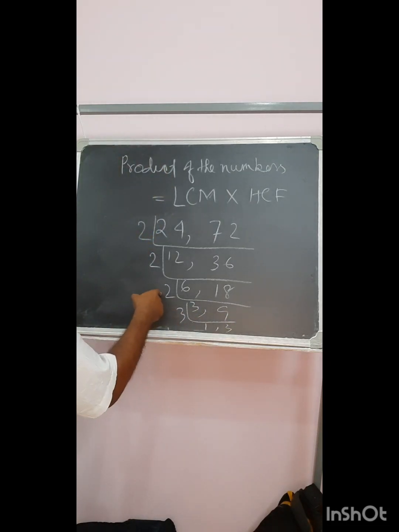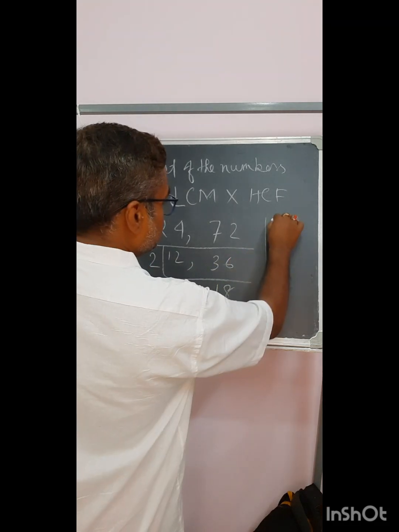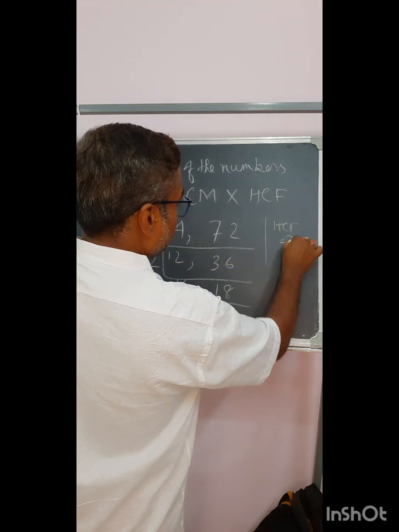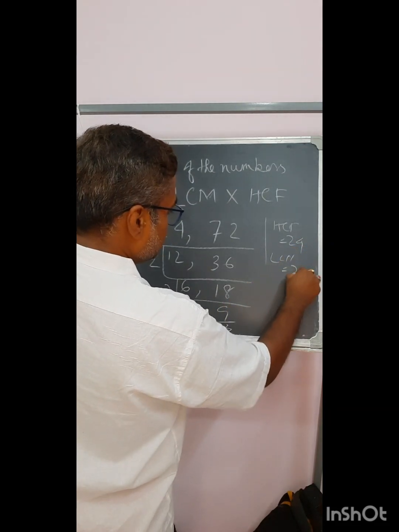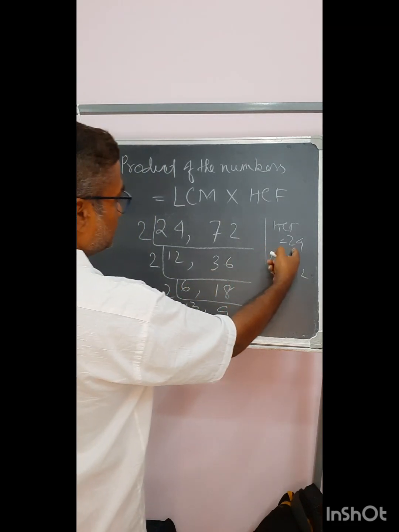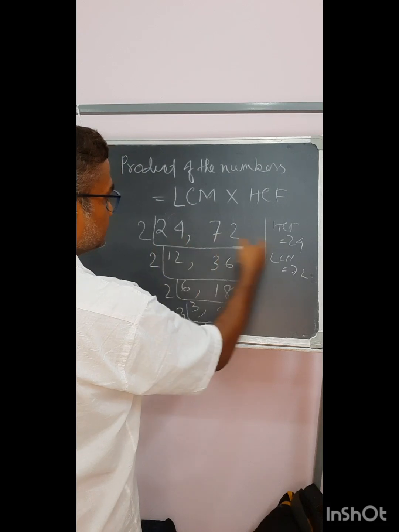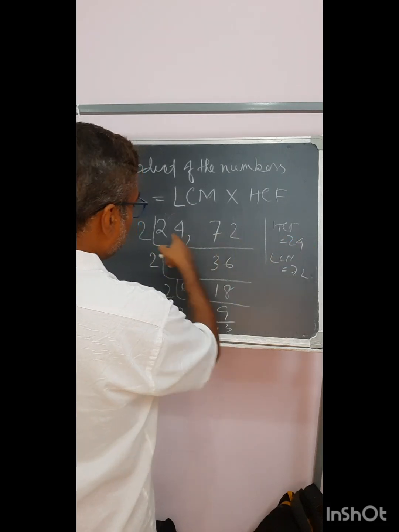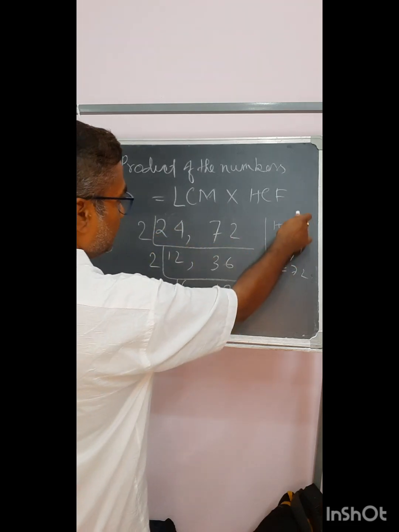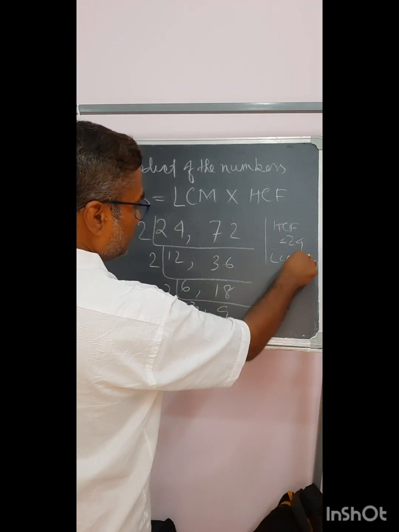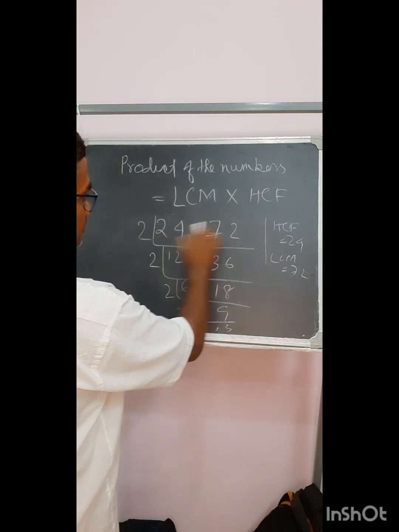So 2 times 2 times 2 times 3 is 24, so 24 is the HCF, and multiplying by 3, the LCM is 72. So the HCF and LCM are the same numbers as the given numbers. If I multiply 24 by 72, and multiply HCF and LCM, it will give the same result, so I need not show you the calculation.